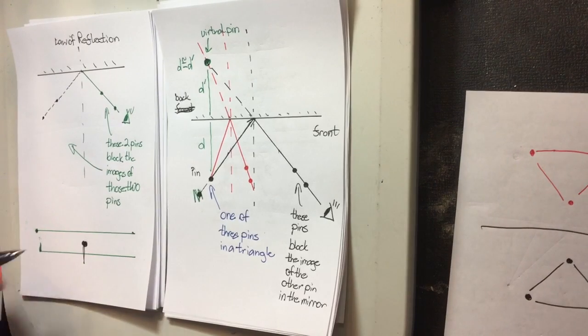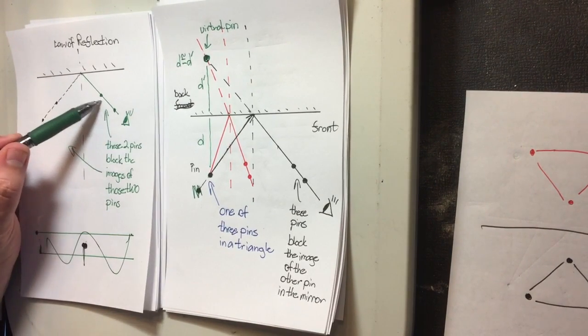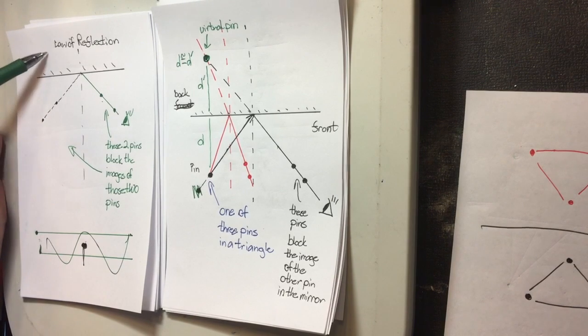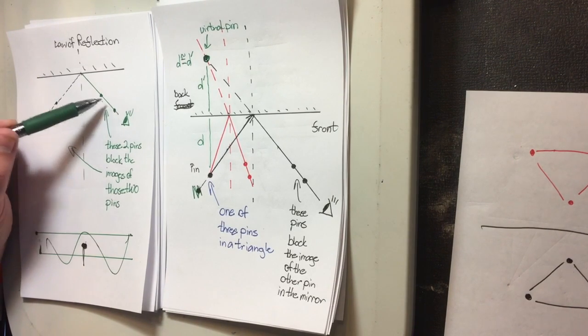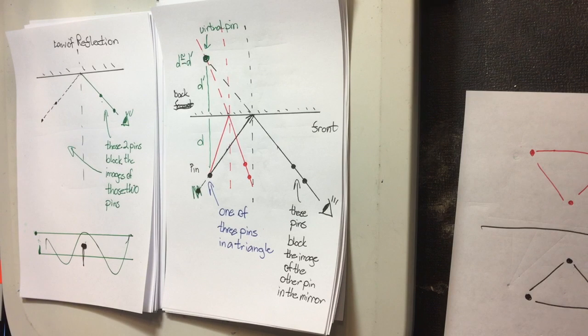Oh, this is a horrible picture. Actually, no, it's not going to matter. If you look in this particular way, you're going to see these 2 on that side, and all 4 should block each other.